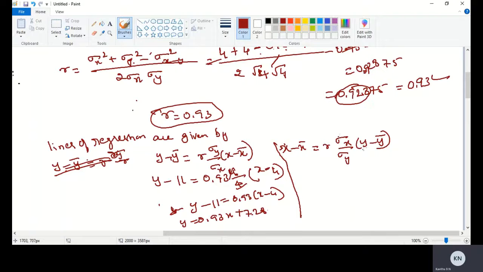Then similarly you find the x regression line, x minus x bar is equal to r into sigma x by sigma y into y minus y bar. Here x bar is 4, sigma x is the square root of 4, and sigma y is also the square root of 4.